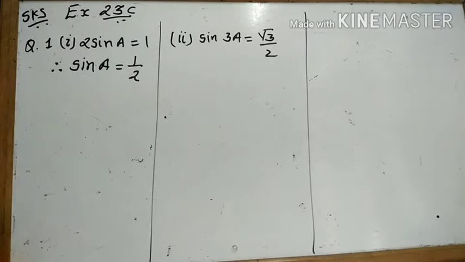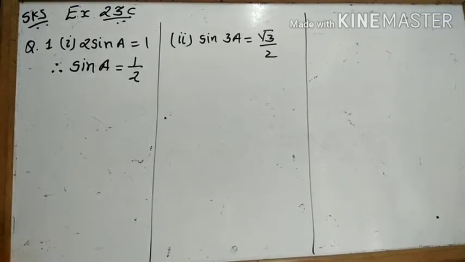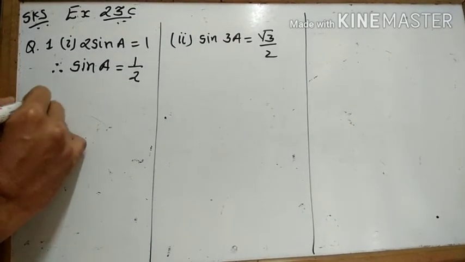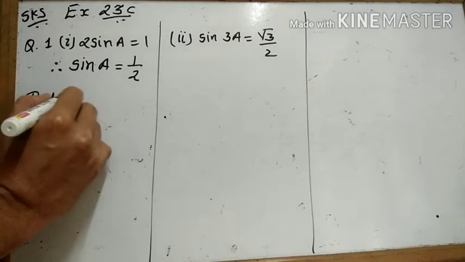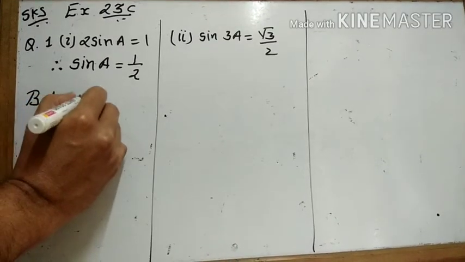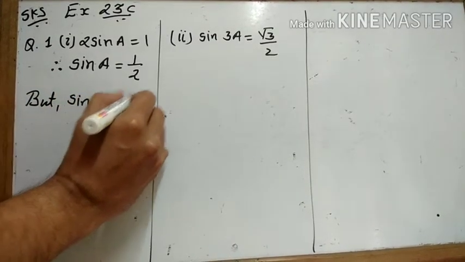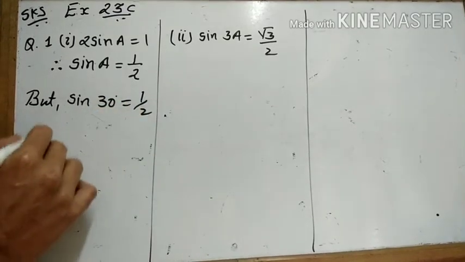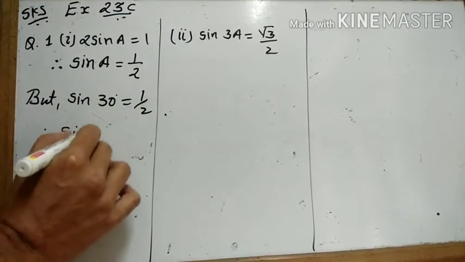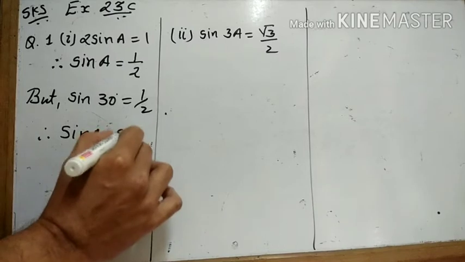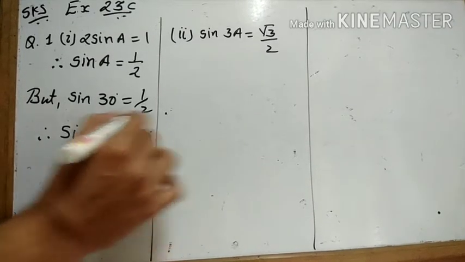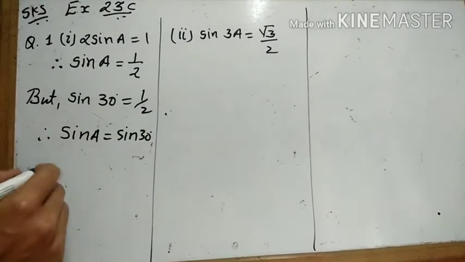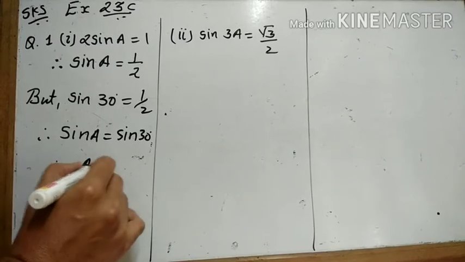Sin A is equal to 1 upon 2. I will go back to tabular values. If you remember, sine of 30 degree is equal to half. So I can conclude that sine of A would be equal to sine of 30. I am removing both the functions, so A will be equal to 30 degree.